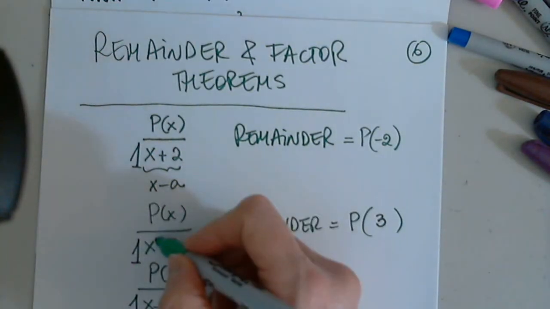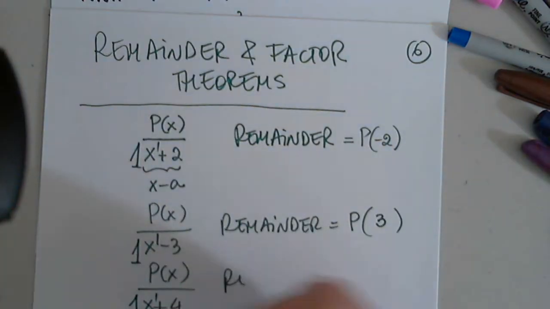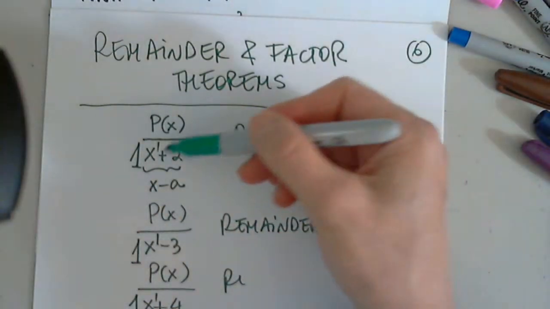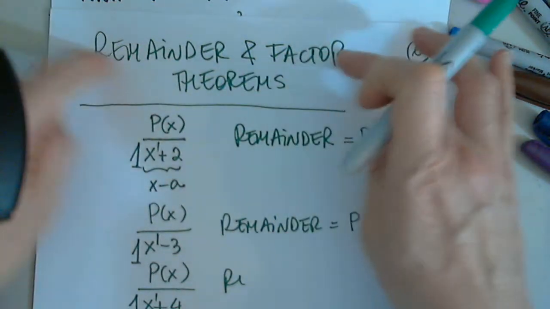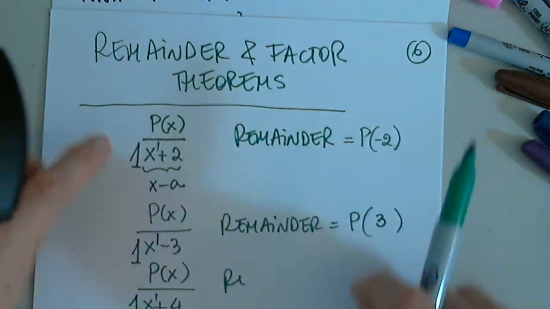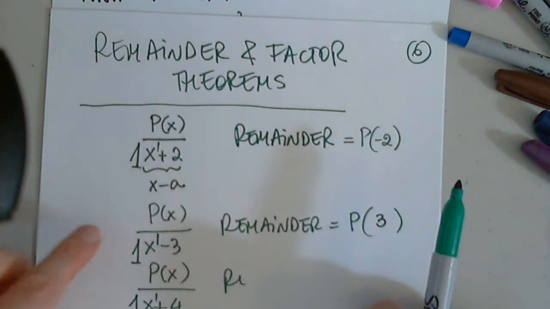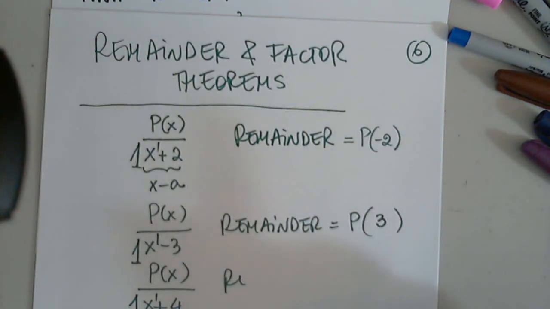Always 1, and the degree, the power is always 1. Otherwise, if the power is not 1, the remainder and the factor theorem do not work. If the leading coefficient is different, we can use them. But we have some intermediate steps.